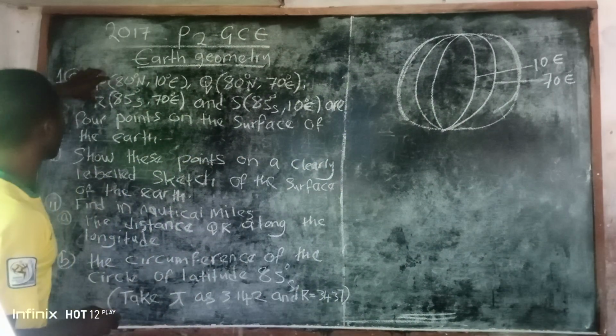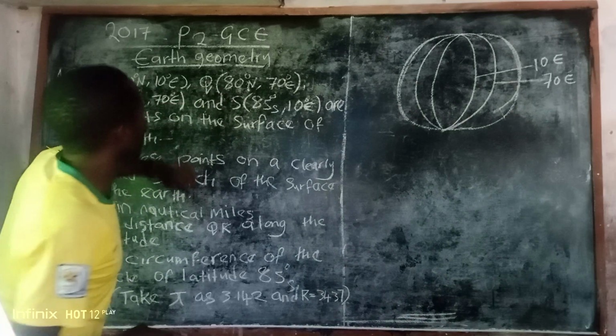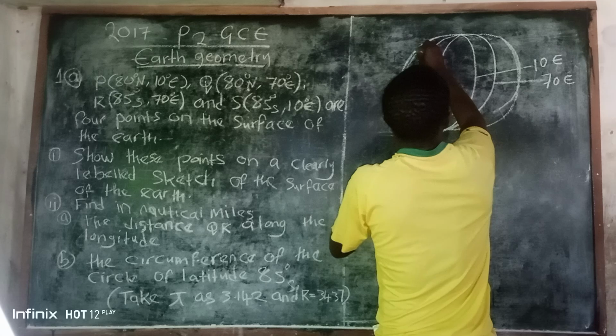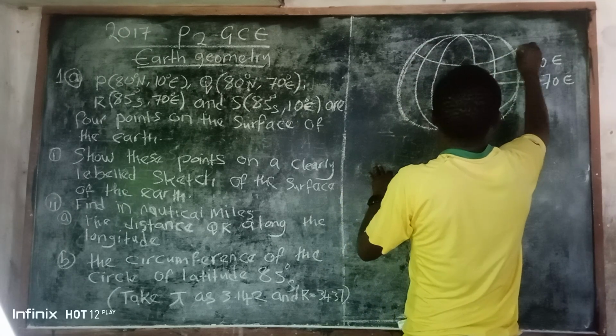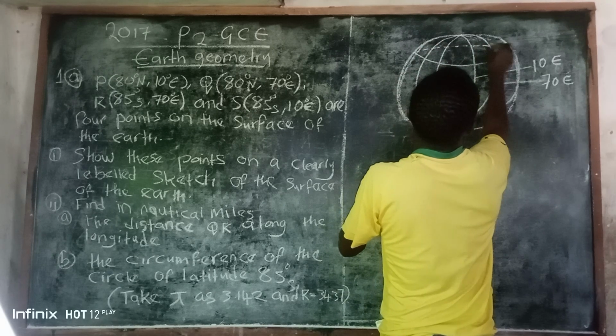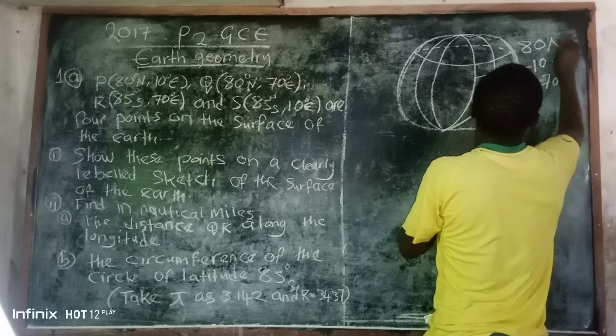Then we are remaining with north. How many north do we have? We only have one, which is this one, 80 degrees north.